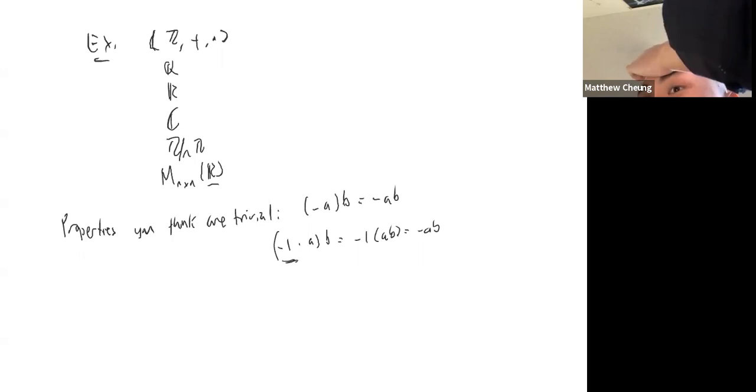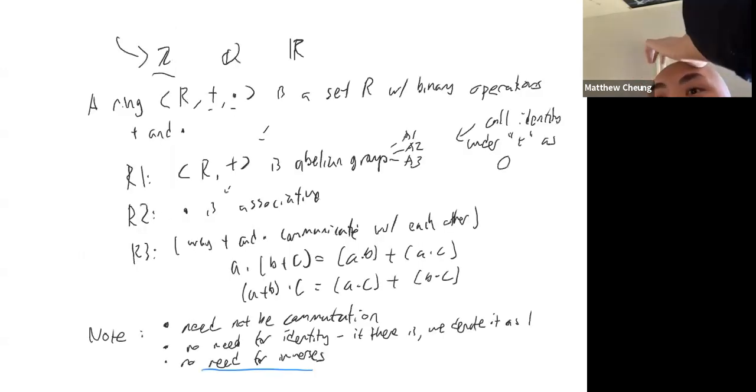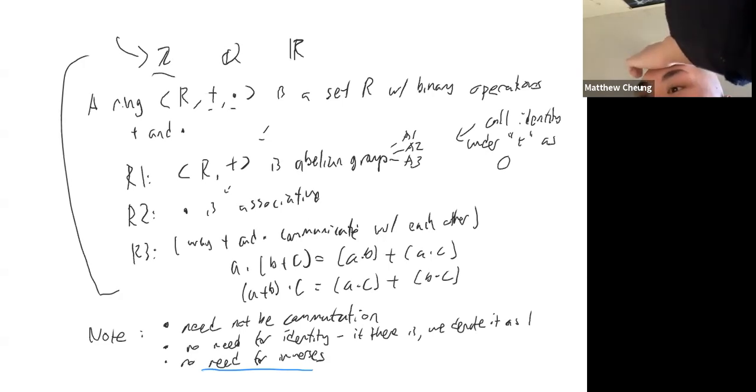Just from here, do you know what the 1 is? You don't, right? What do we mean by minus a? When the book writes minus a, where do we get that? That's just notation for what?